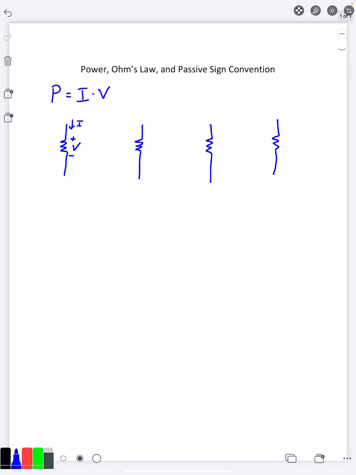In the second one, I will go ahead and label my voltage the same way, but I will label my current going upwards here. In the third one, I will label my voltage with positive on the bottom and current going down here. And the last one, my voltage is on the bottom and current is going up. So this is the 4 ways you might label your resistor.